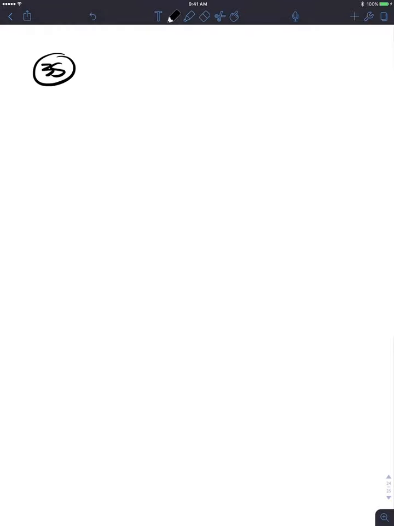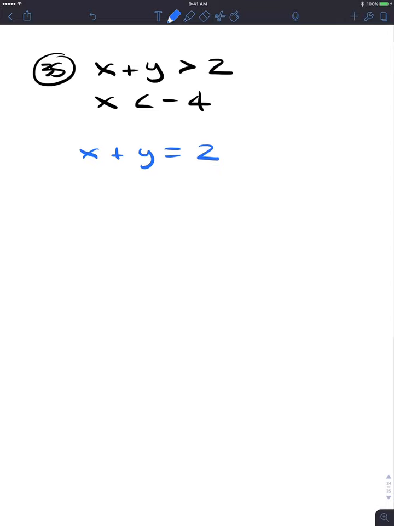Number 35. X plus y greater than 2, x less than negative 4. Now, again, in blue, we have to graph the equality, and we have to put this in y-intercept form.